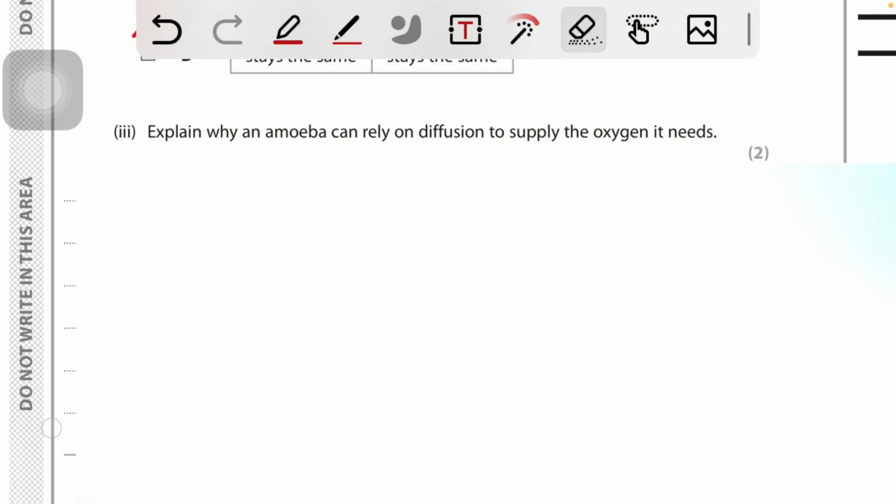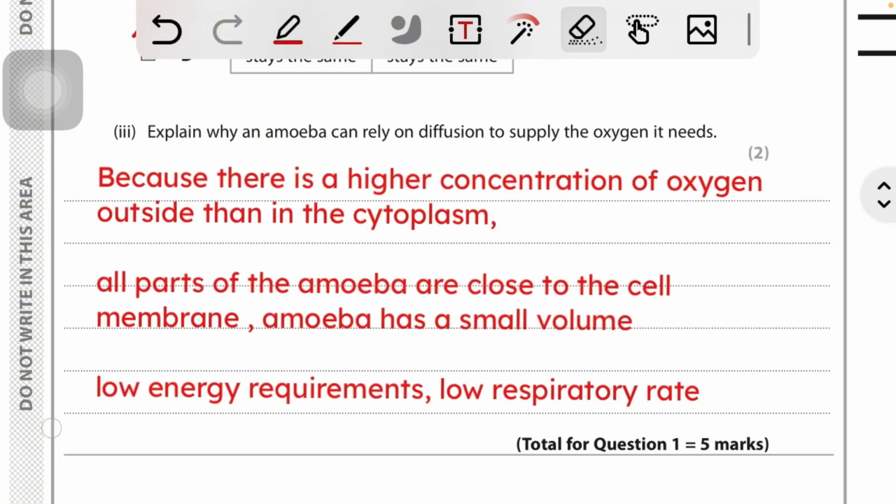So let's see the answer. Because there is a higher concentration of oxygen outside than in the cytoplasm. As I said before, the oxygen moves from the higher concentration area to the lower concentration. And then all parts of the amoeba are close to the cell membrane. Amoeba has a small volume. It's a small organism, so it has a small volume.